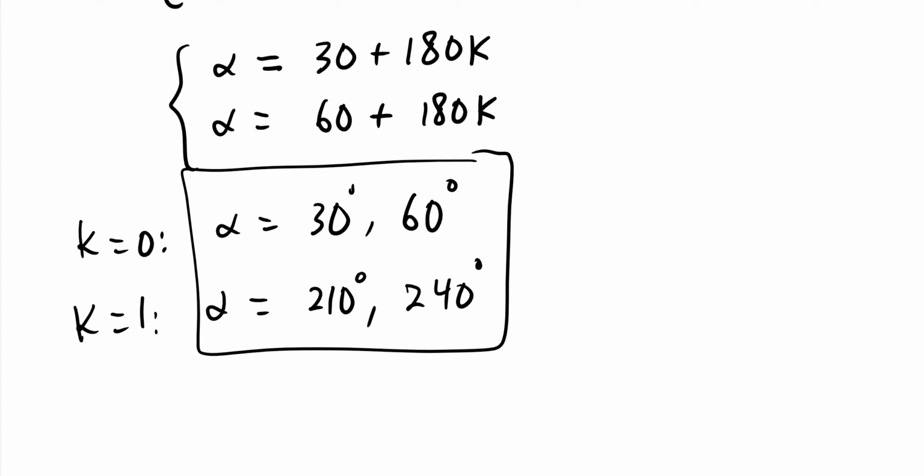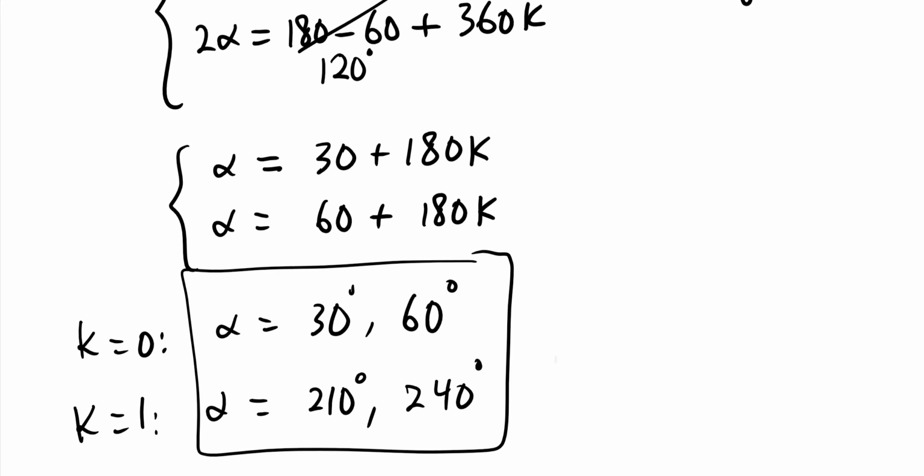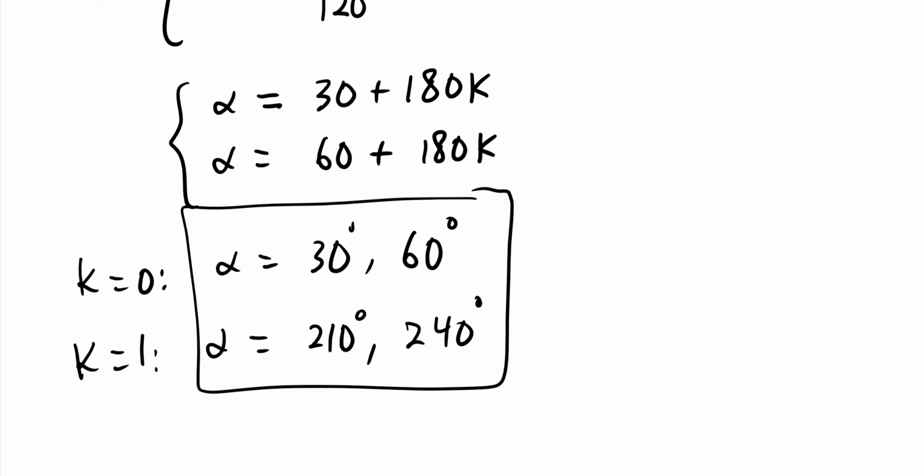So what's the difference between this and what we did in the previous sections? One difference is that before, it was only alpha equals something, and for such an equation we only got 2 values, but here we get 4 values.